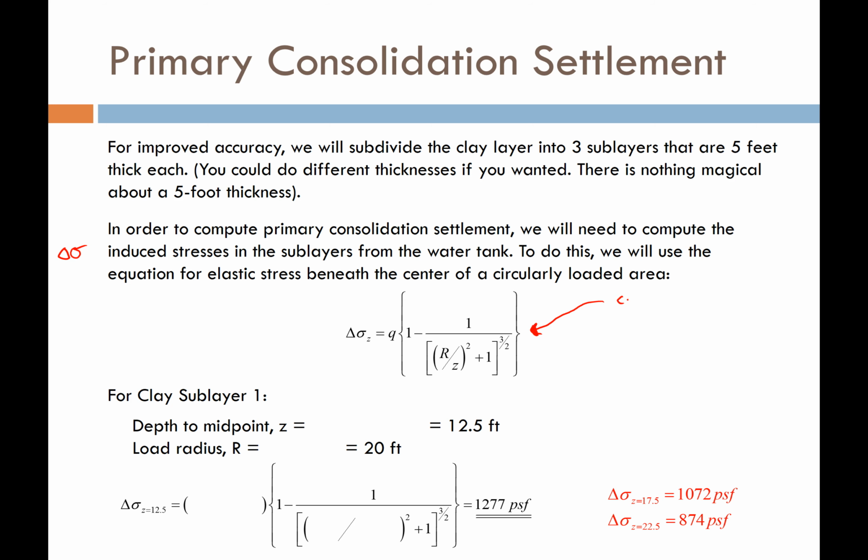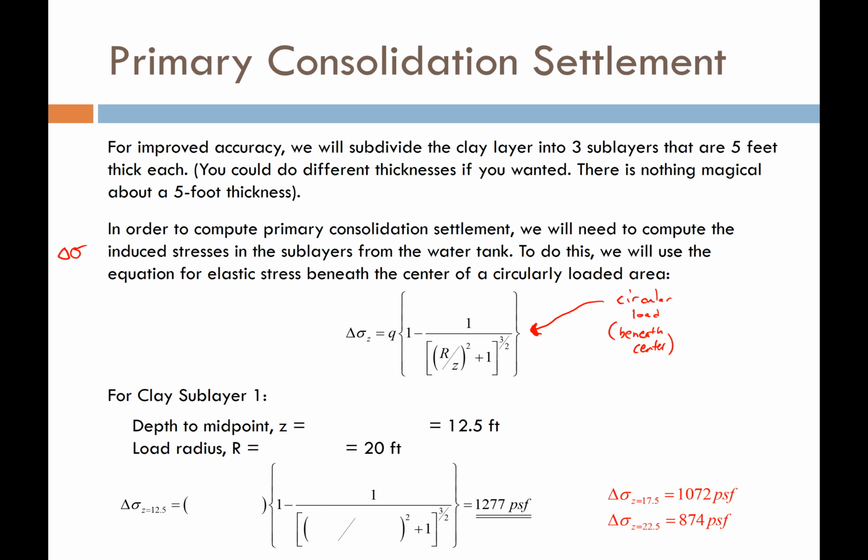This is for a circular load, beneath the center. You see that this equation is a function of depth. It really matters how far below the center of our circular load we are. It's a function of the radius of our circular load, and of the uniform stress represented by our circular load.